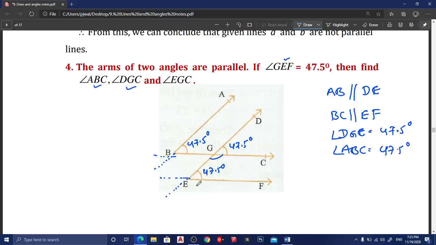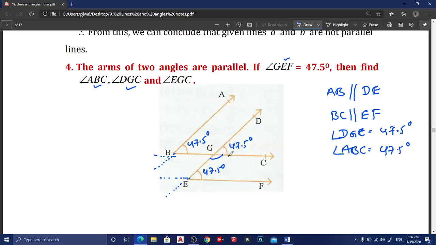By observing, you can find this angle in two ways. You can use the property of the sum of the co-interior angles, otherwise you can use the linear pair also. Here this is a straight line and this is intersecting this line. Now these two angles are a linear pair to each other. You know the sum of a linear pair is 180 degrees.